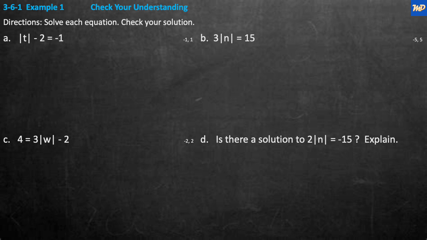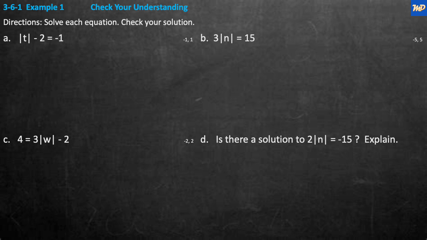Okay, example 1, check your understanding. Directions: solve each equation and then check your solution. So let's try A here. You're going to do this by yourself first, right? The first one is the absolute value of t minus 2 is equal to negative 1. B is 3 times the absolute value of n is equal to 15.